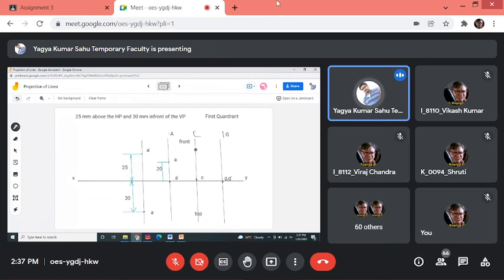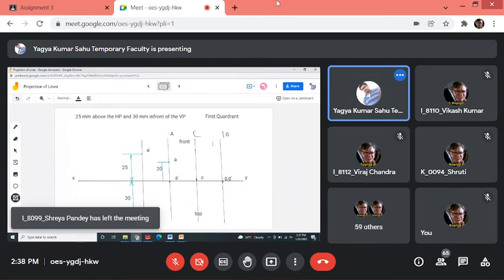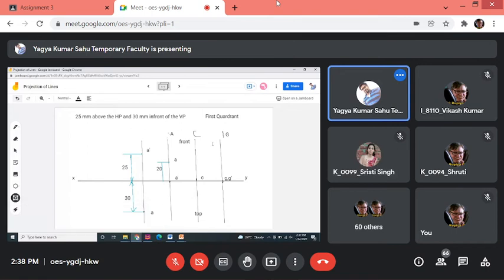So 40 mm above, you will get C dash. The distance between both points is given as 40 mm. Easy?